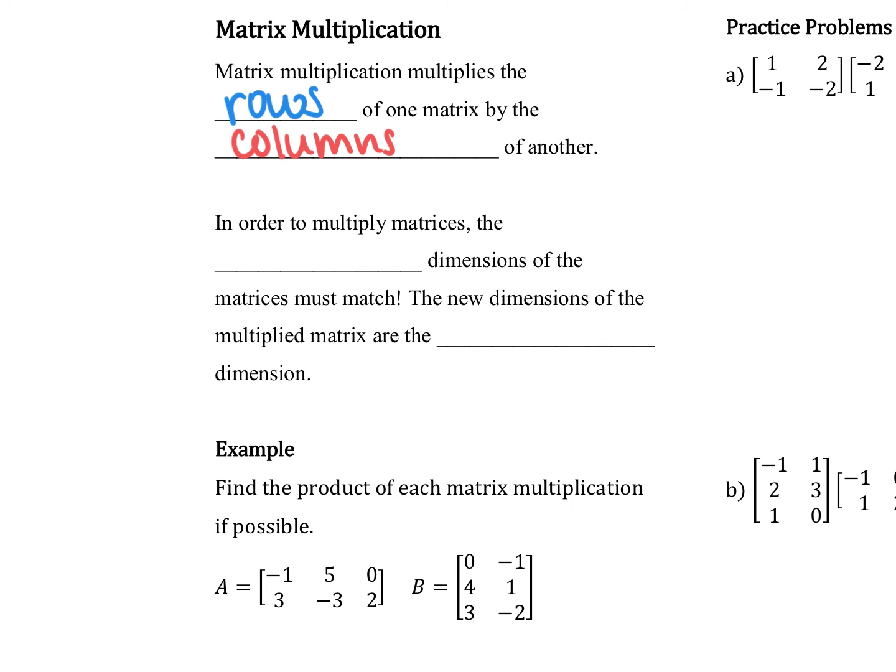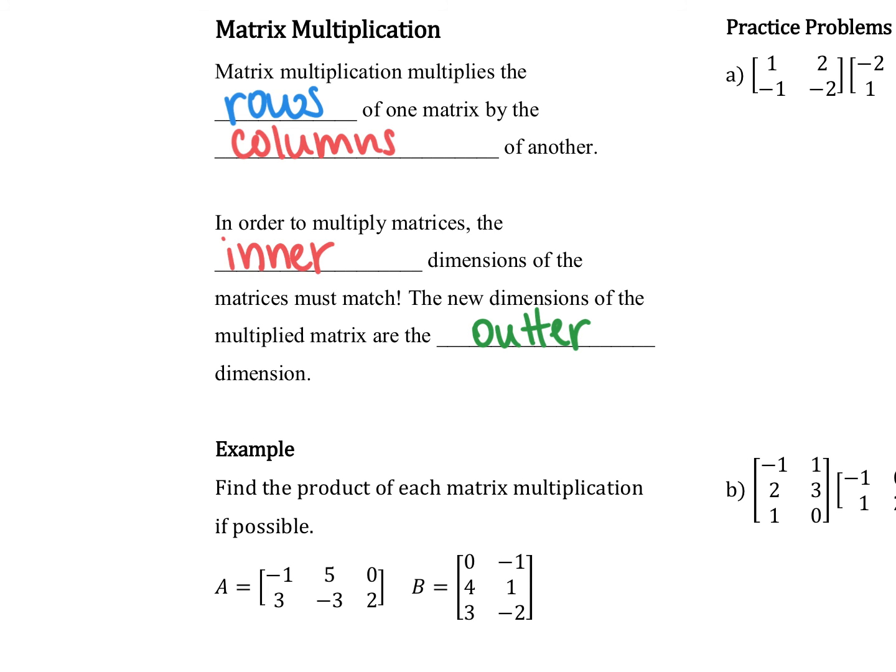You have to multiply rows by columns, and you add those elements up. In order to multiply matrices, the inner dimensions of the matrices must match. The new dimensions of the multiplied matrix are the outside dimensions.